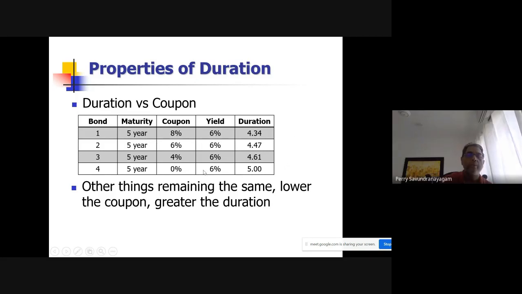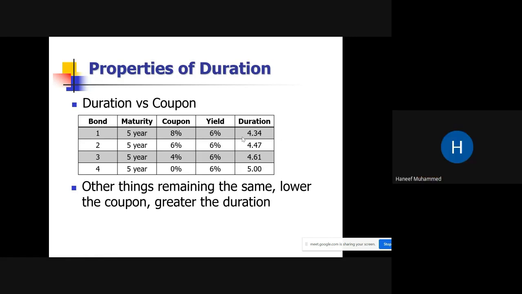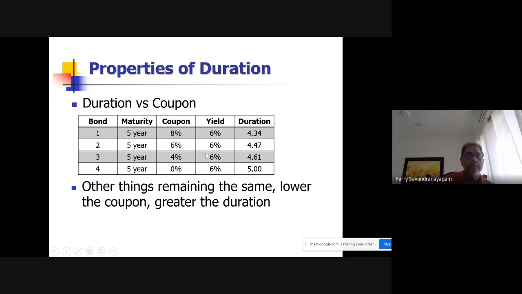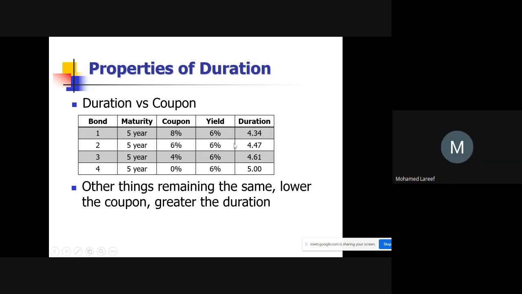Now, which one will I make the most money on by selling it? First bond. Okay, any other answers? It should be the lower coupon, no?